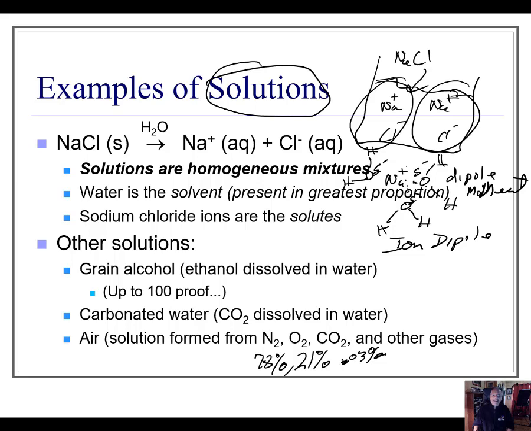But at any rate, in this particular case, nitrogen would be the solvent because it's simply in greatest amount. That's our simple definition. You can also have solid solutions like brass, which is just zinc in copper.